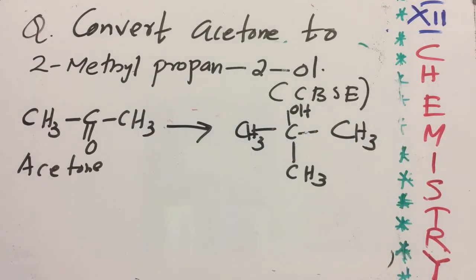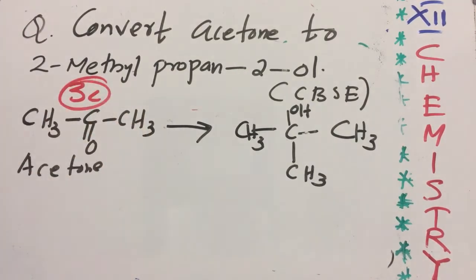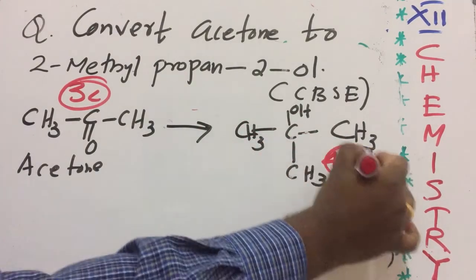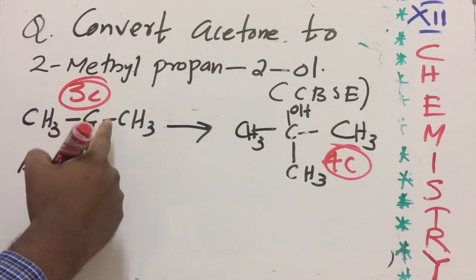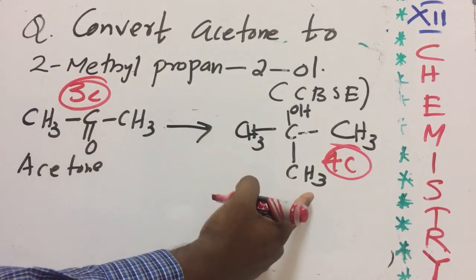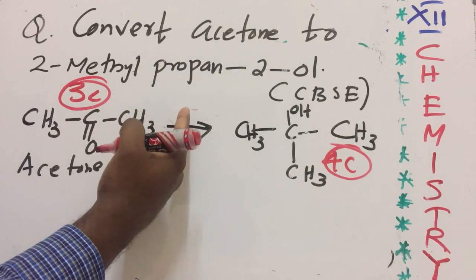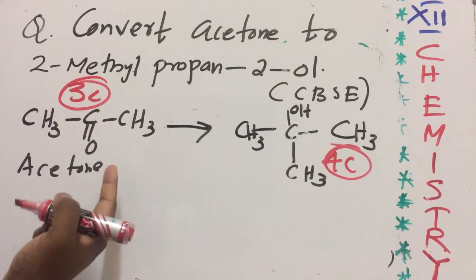How to do this conversion by using a Grignard reagent? How many carbons here? 3 carbons. How many carbons in the product? 4 carbons. So we need one more carbon on the reactant side to make the 4-carbon product. So select a Grignard reagent having 1 carbon. Can you tell any Grignard reagent with 1 carbon?